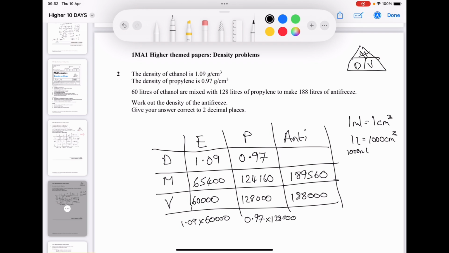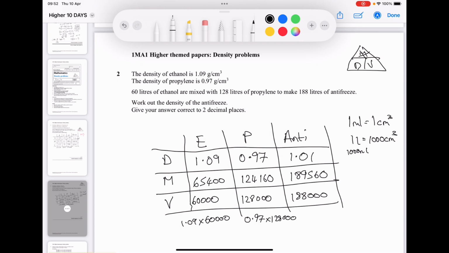And then once again, density is mass over volume. So I've just got that divided by 188,000, which equals 1.008, so it'd be 1.01.